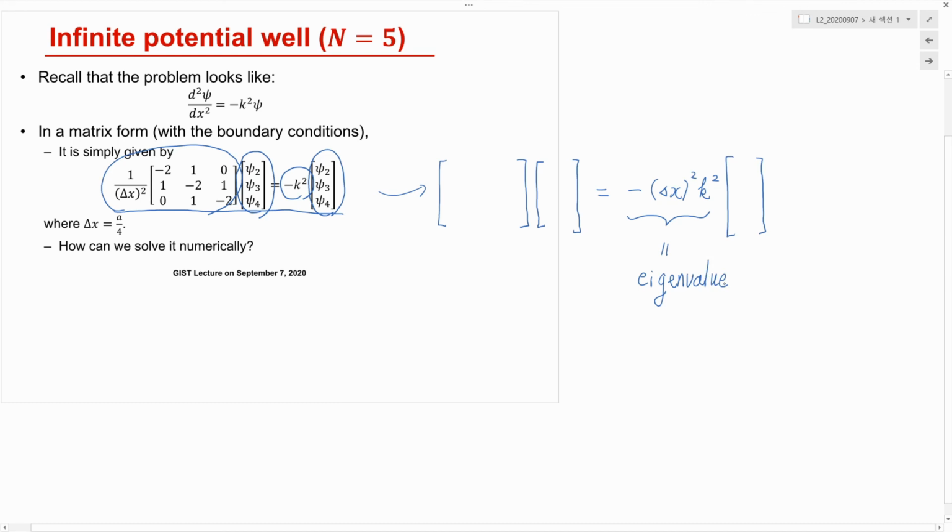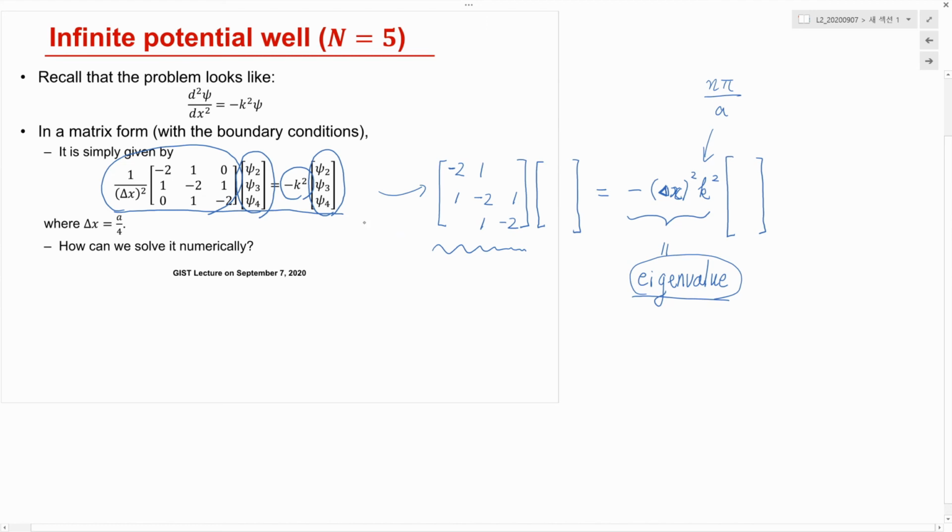Since we need only the matrix for the eigenvalue problem, we will use only this one, 1, minus 2, 1, 1, 1, minus 2, this one as a matrix. Then we will have certain eigenvalues, and by interpreting them with a sufficiently good number for delta x and k equal to n pi over a, we can find the k values out of this normalized eigenvalue.